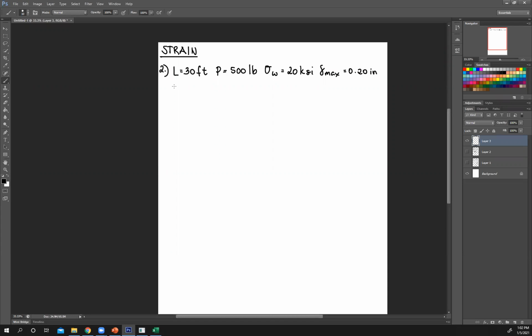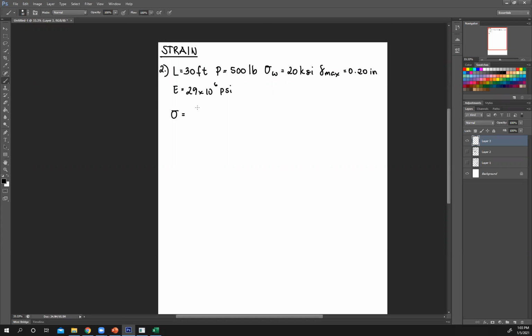Then E is equal to 29 times 10 raised to 6 psi. Again, we have two restrictions, so you have to solve twice. Let's start with this restriction first. Sigma is just limited to 20.